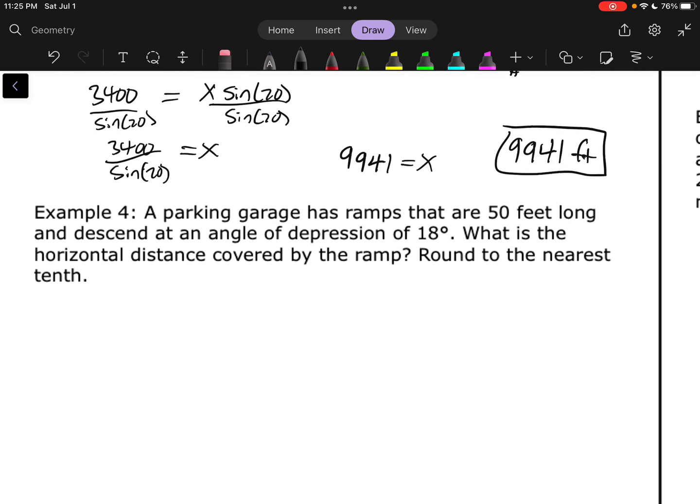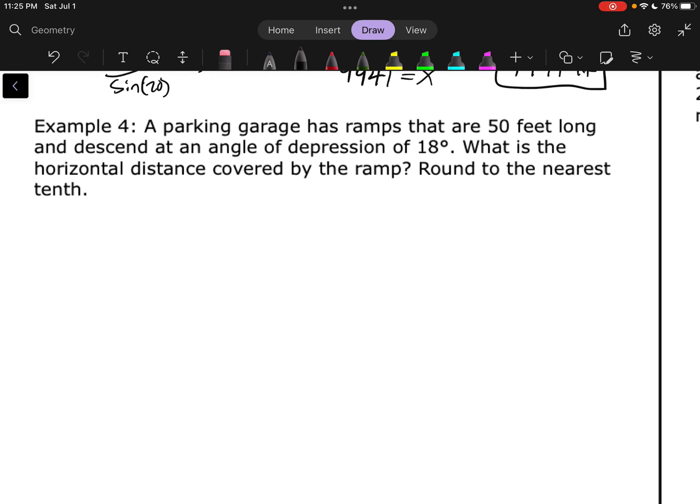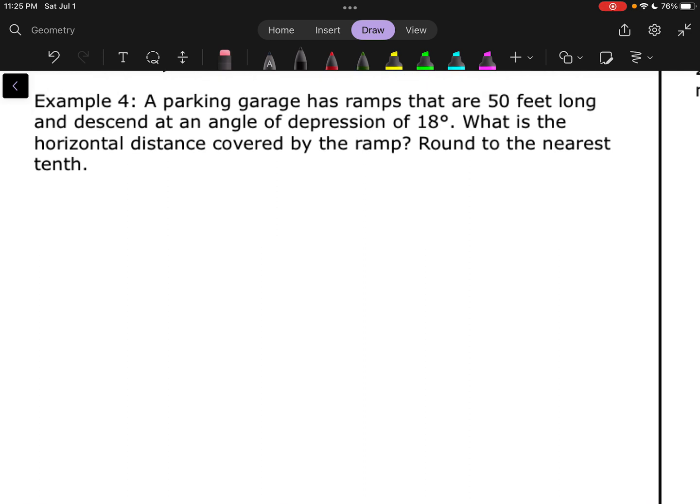Next up, we get a parking garage that has ramps that are 50 feet long and descend at an angle of depression of 18 degrees. What's the horizontal distance covered by the ramp? Let's draw a little ramp here.